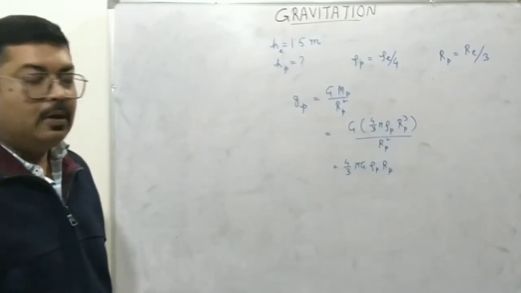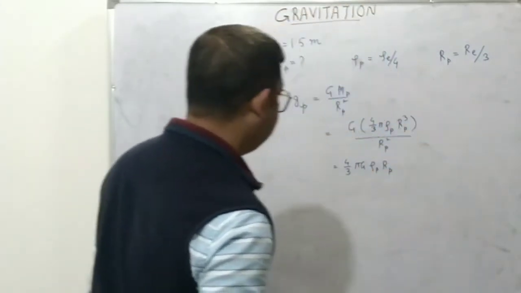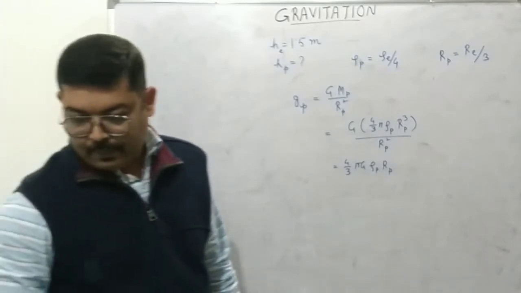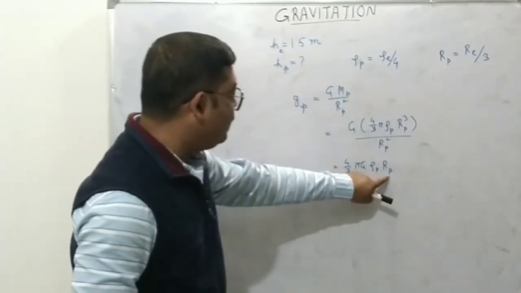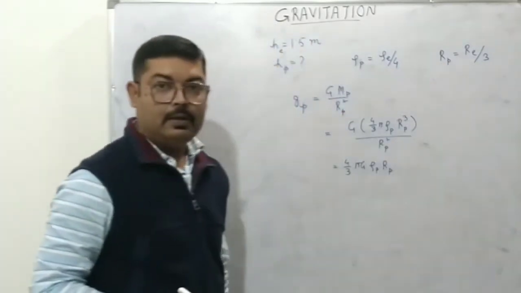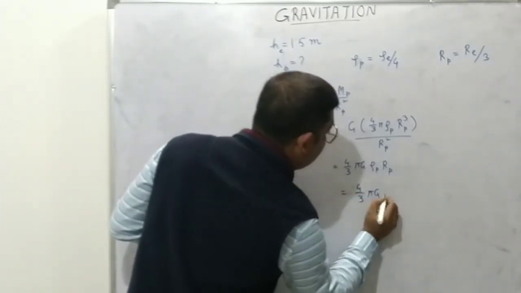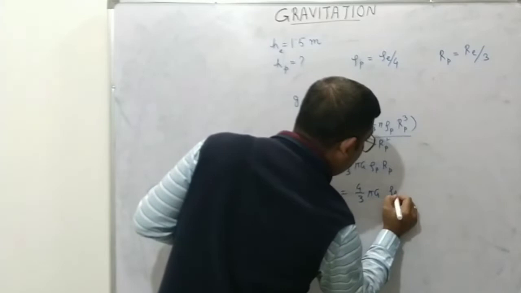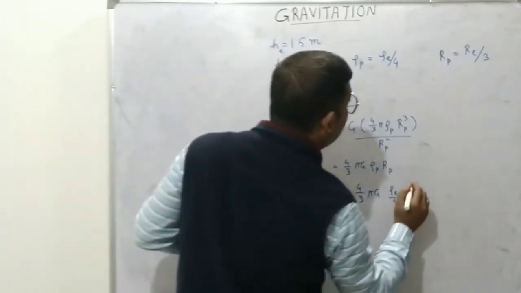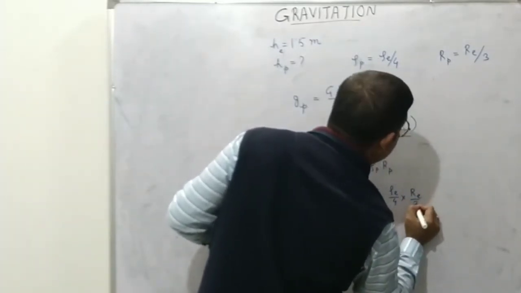Or what we can also do is, without substituting this, now we have these two, and rho p and r p we can express in terms of Earth, right? So this will be equal to 4/3 pi into G, rho p will be rho Earth divided by 4 into r p, which will be r of Earth divided by 3.